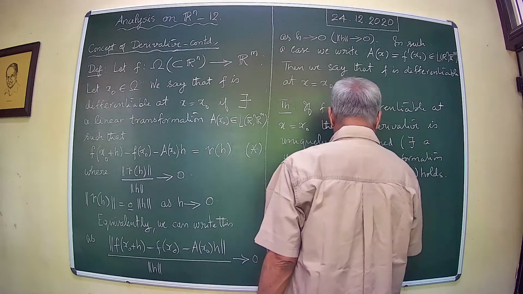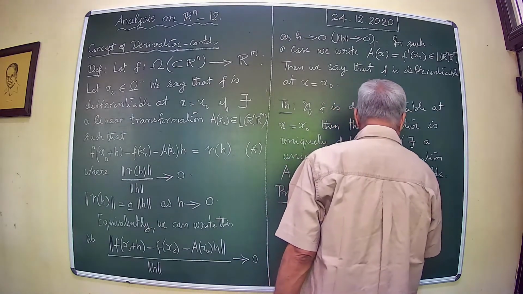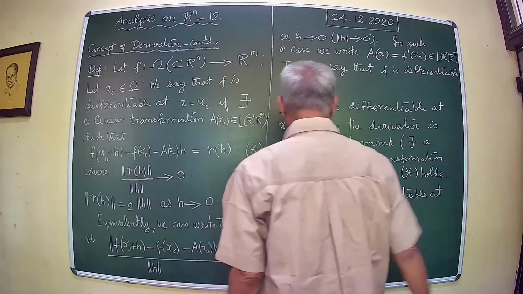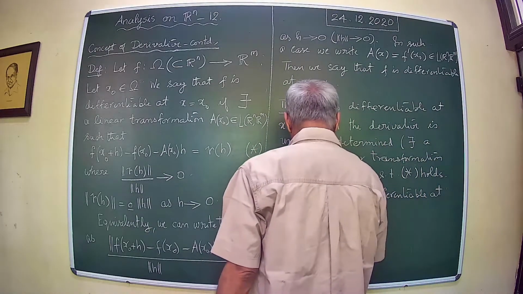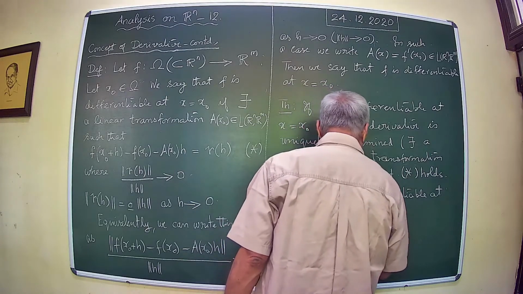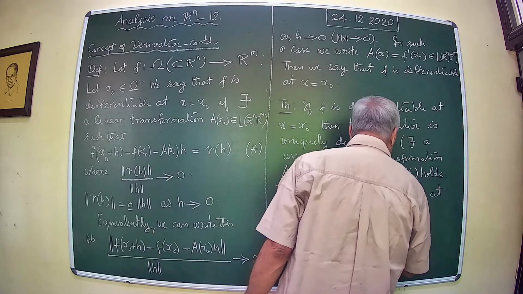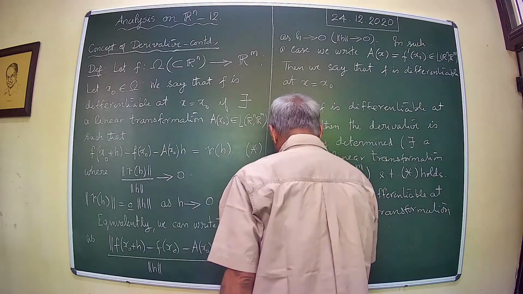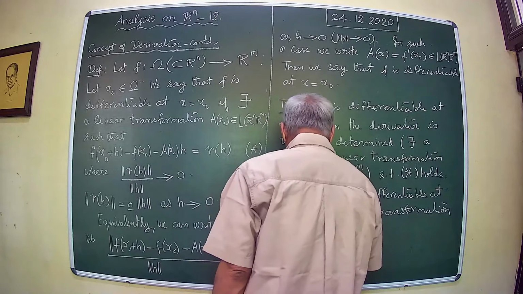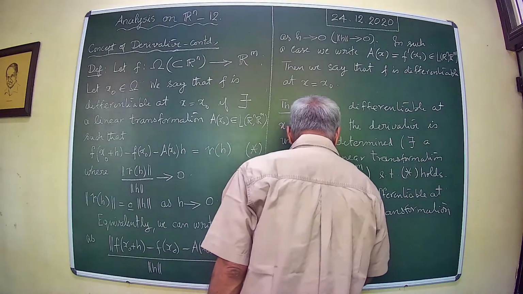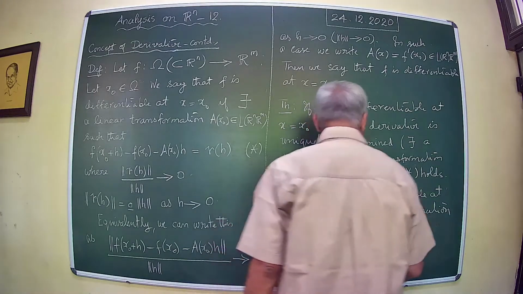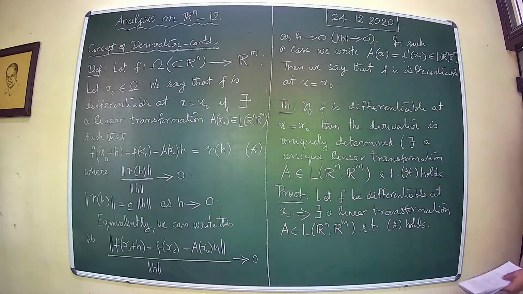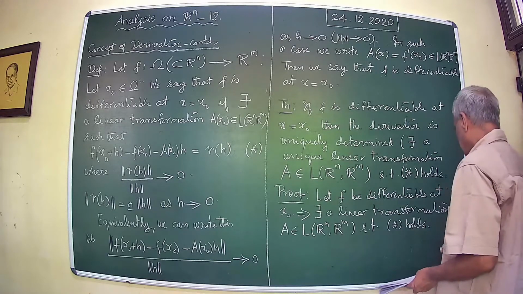Let f be differentiable at x naught, which implies there exists a linear transformation A belonging to L(R^n, R^n) such that star holds. We claim the uniqueness.